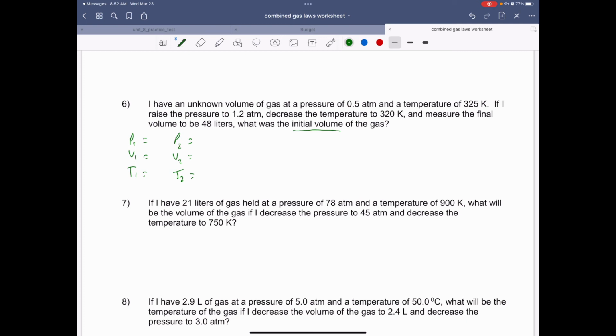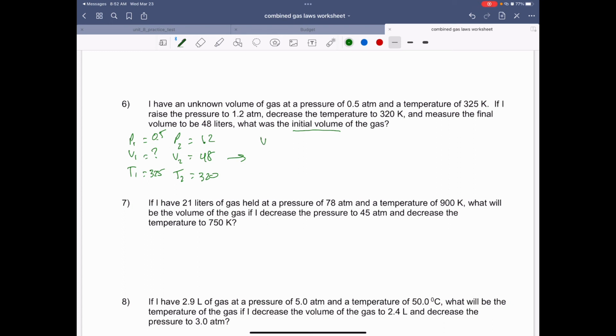We don't know the initial volume of the gas, but we know the initial pressure is 0.5 atms. We know that the initial temperature is 325 degrees Kelvin. We know that the final pressure is 1.2 atms. We know that the final volume is 48 liters. We know that the final temperature is 320 degrees Kelvin.